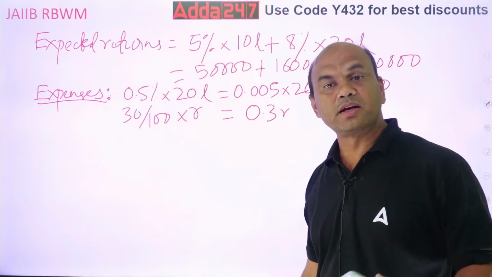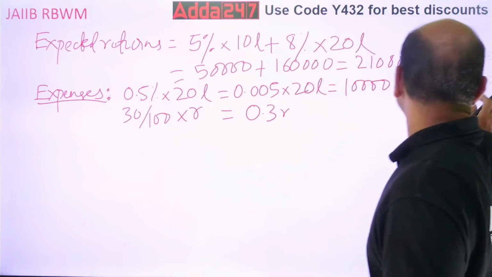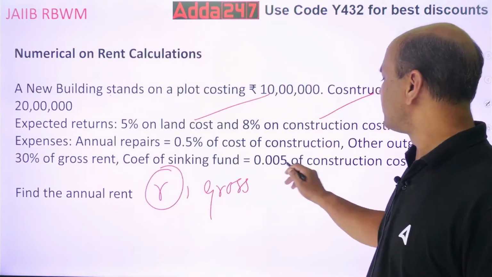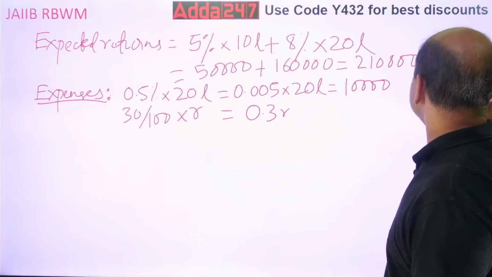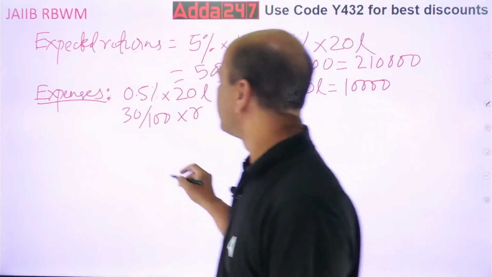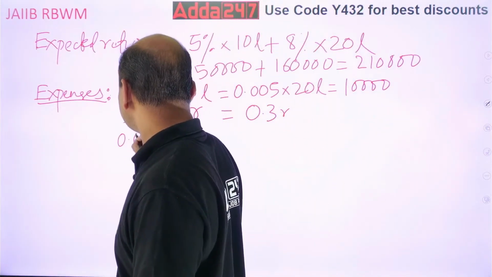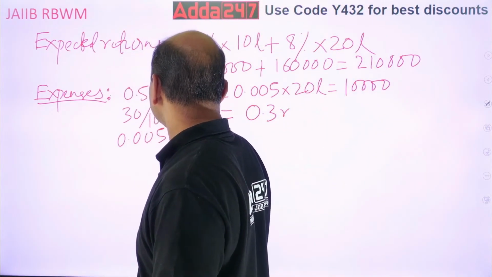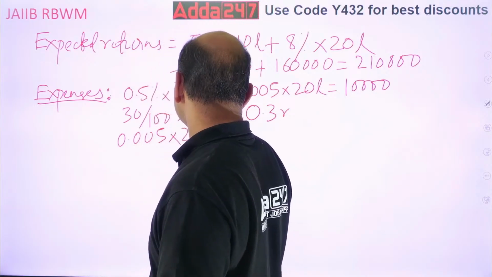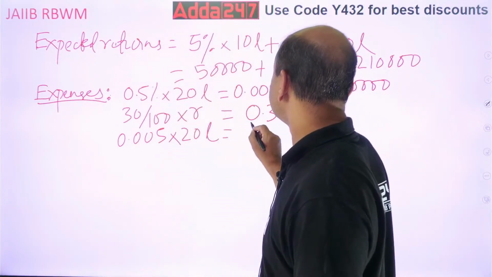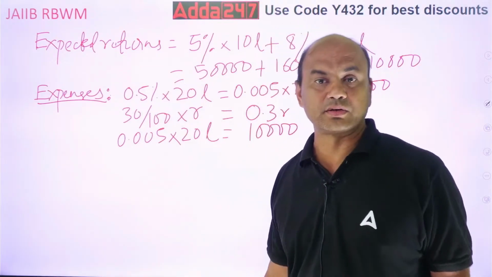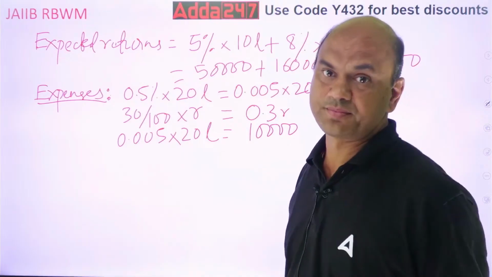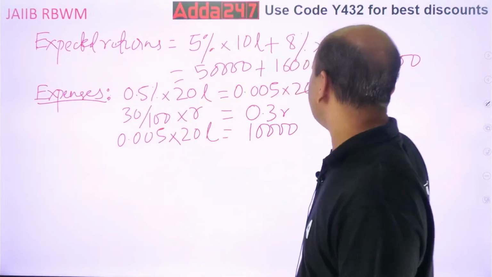What is my third expense now? The third expense is given as 0.005 into construction cost. It is the same as the above one. So similarly 0.005 into 20 lakhs. Again the answer is the same, 10,000. So what is my total expense now? I'll add all these three.